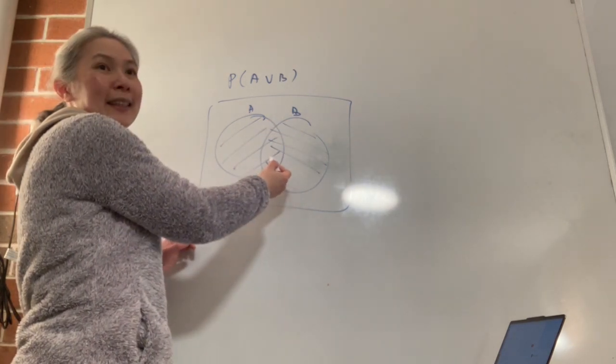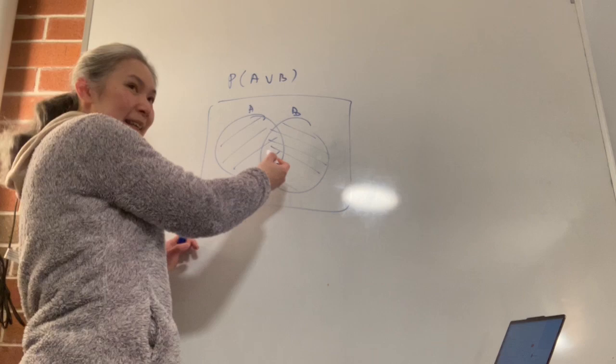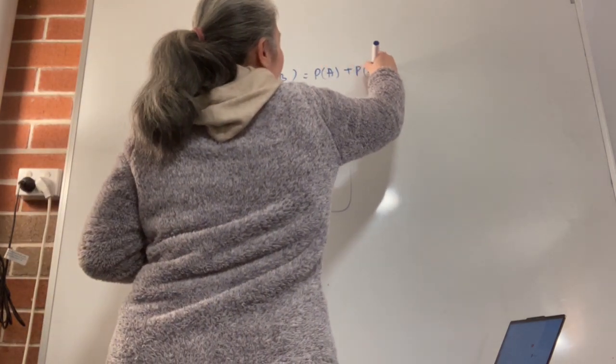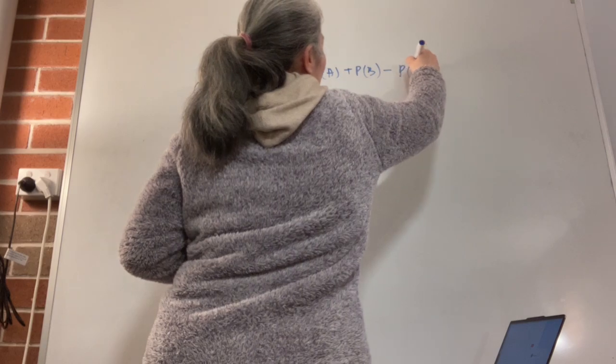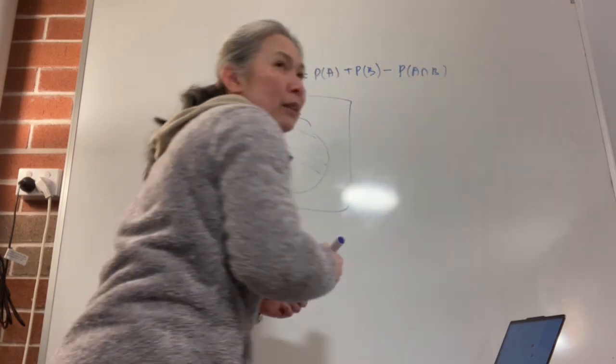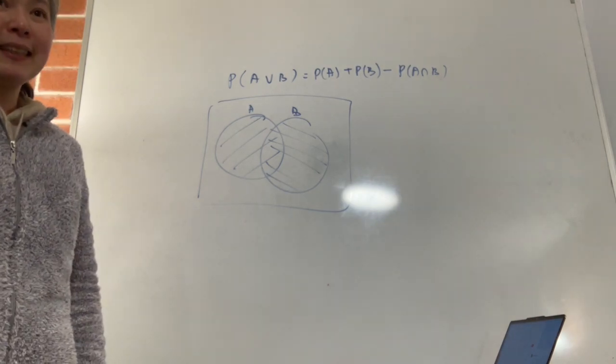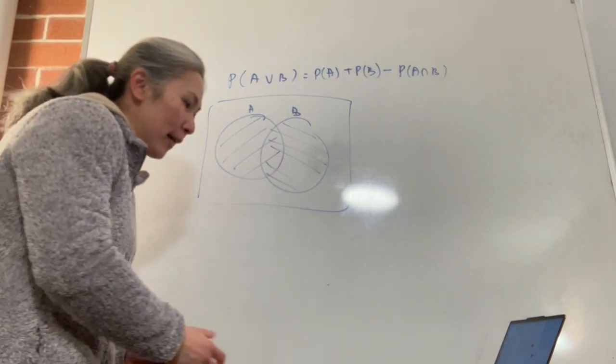You count it in A, and you count it in B again. That's why you have the probability of A plus B, and then I need to minus the probability of A and B, because this part has been counted twice. Does it make sense? That's the first one that you have.